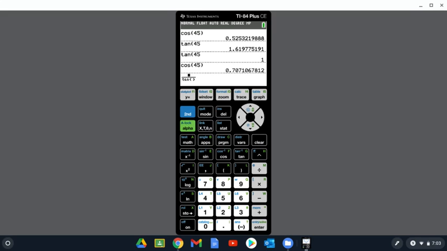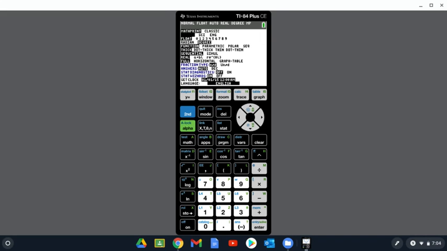This tablet's just not great. Sorry. Alpha y equals, there we go. I'm going to go pi second pi, I think it was 12. And now I got to switch to radians.